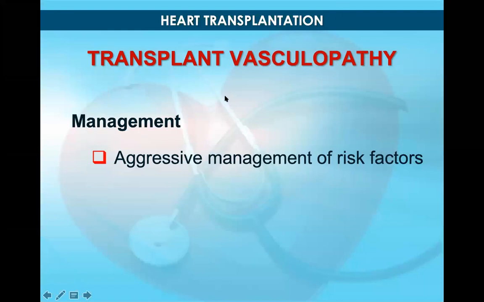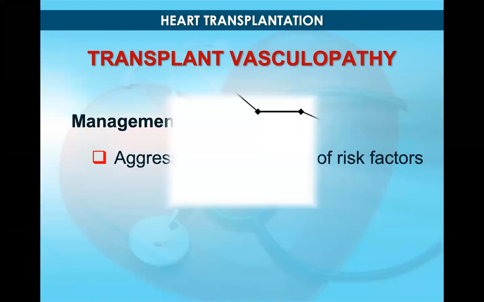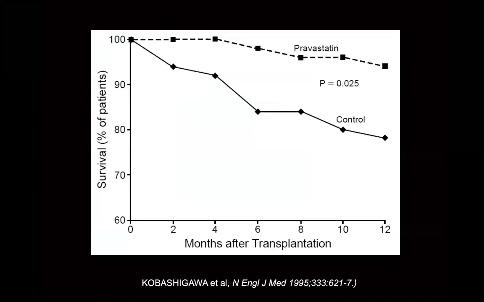For transplant vasculopathy, you have to do aggressive management of the risk factors, whether it's dyslipidemia, or the rejection he's having, cause of rejection, bad control of medication, non-compliance by the patient.